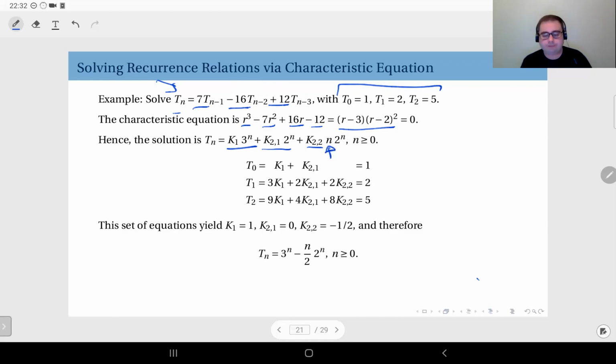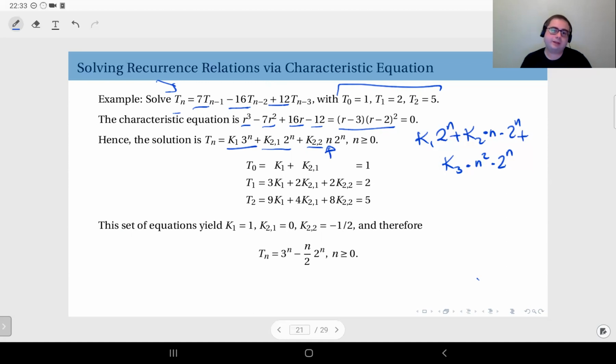And if 2 was repeated 3 times, then I would have k1 2 to the n plus k2 times n times 2 to the n plus k3 times n squared times 2 to the n. This would be the general form if you have 2 as a repeated root with multiplicity 3.